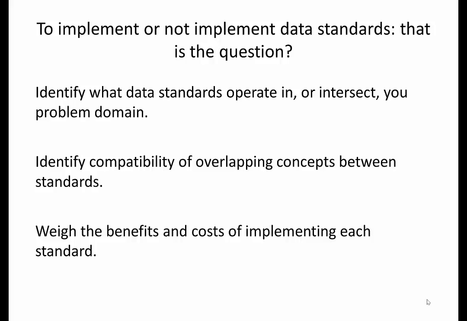GBIF for its museum specimen standard may have taken the spatial fields from a spatial data standard and used those. But there's no guarantee that all standards have done that. So there may be some problem in that there's incompatibility between how geography is stored in one standard and how it's dealt with in another standard.